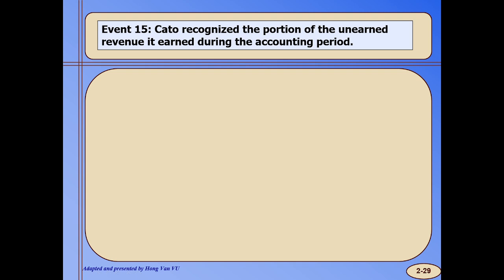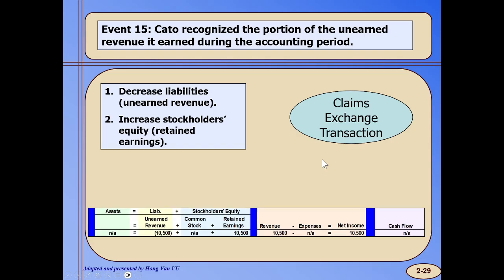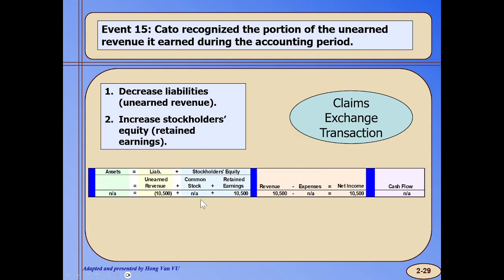Transaction number 15. The company recognizes a portion of unearned revenue it earned during the accounting period. Recall that Cato received 18,000 cash in advance from Westbury Company to provide consulting service from June 1st, 2014 to May 31st, 2015. See event number 3. By December 31, Cato has earned 7 months of revenue continuously as it performs consulting services.